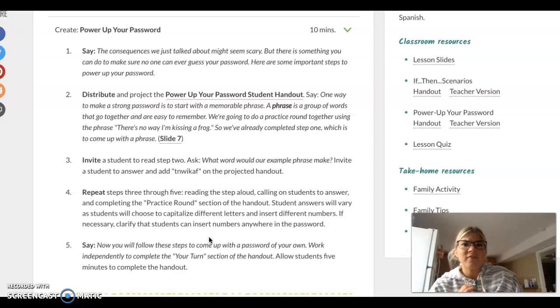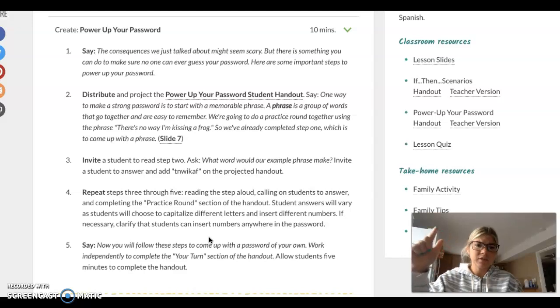But I also thought that if I was to do an activity like this, this is great too, but I would make a worksheet that every student gets, numbered 1 through 5 or however many they want to do. On every number I would have 8 to 10 blanks, and have the students create 5 different passwords with different phrases, making sure they include a capital letter, a symbol, and a number.